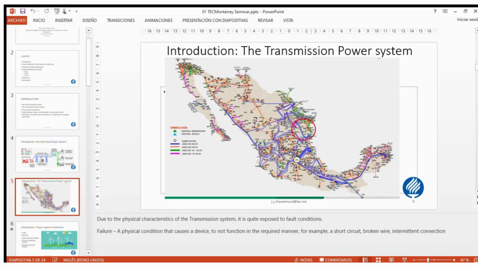One is the central and south part, and also we have one isolated transmission system in Baja California, and one that is connected to USA through California. Okay. Due to the physical characteristics of the transmission system, it is too exposed to failure conditions.